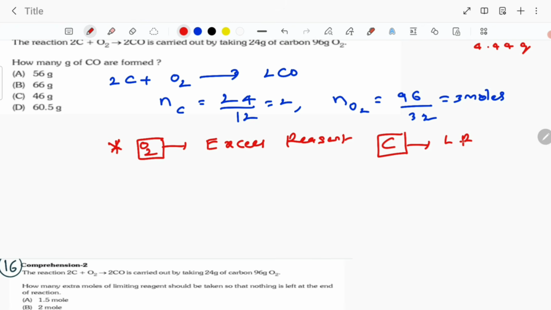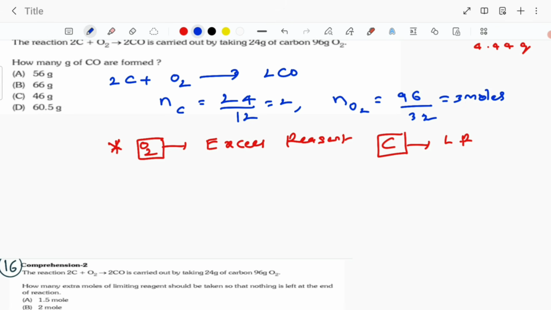For carbon it is 2 by 2, which is 1, and for oxygen it is 3 by 1. Limiting reagent is carbon. Now what they are asking is how many grams of reactant are left in excess? See here, O2 is the excess reagent, we know.